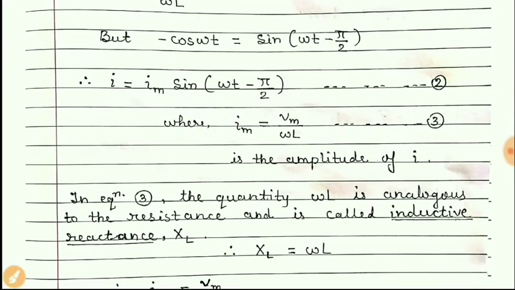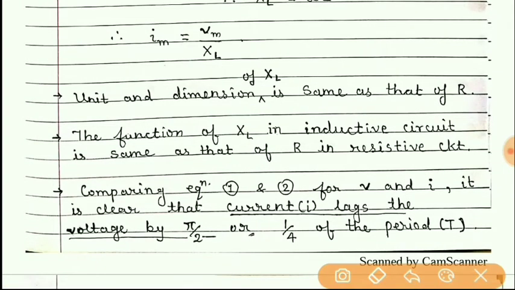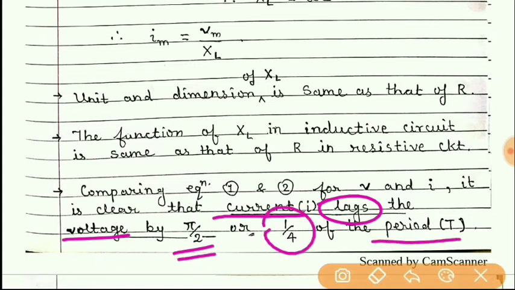When you compare these two equations, you will find the difference is of minus pi by 2, and so it is said that current I is behind the voltage, lags the voltage, means it is behind the voltage by phase pi by 2, or 1/4 of a period.